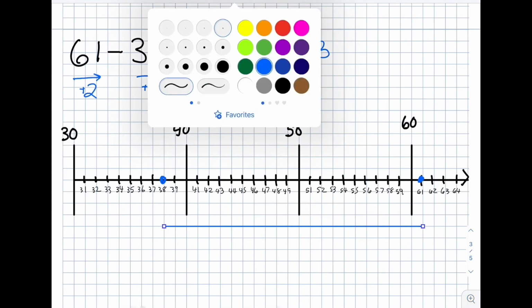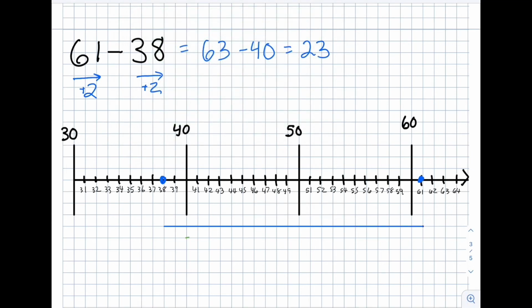So I will put a green line in where you can see that these are the same length. So 63 minus 40 was the same. Now I can always go back and double check my work. I could take 61 minus 38, do this by hand using my standard algorithm here, and I get 23.